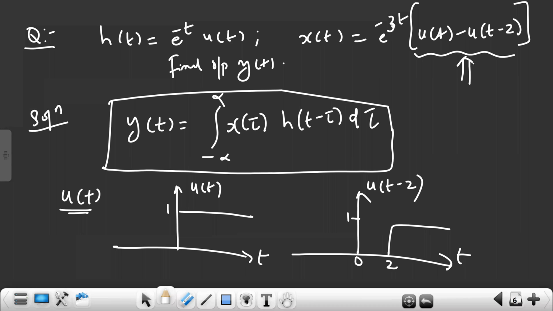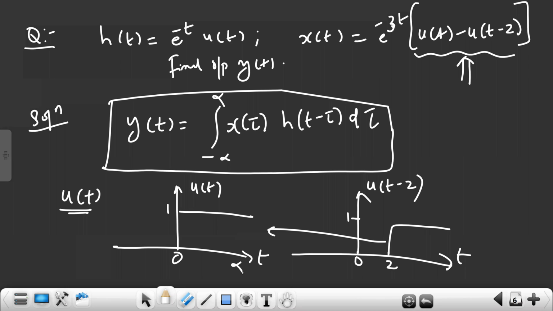0 and 1. Sir, amplitude is from 0 to 2. No, between 0 and 2, yeah, 0 to 2. You check when you subtract this from here. This is from 0 to infinity. When you subtract 2 to infinity, you will get a signal from 0 to 2.